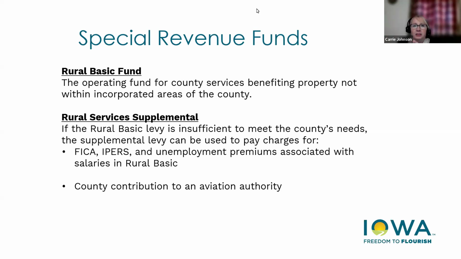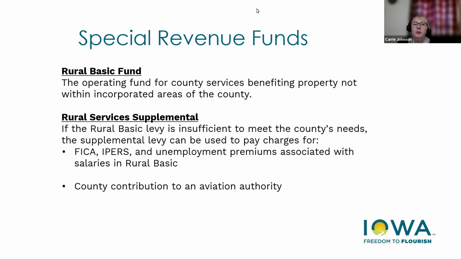So you have a rural basic fund and you have a rural supplemental fund. Your rural services supplemental fund, your county may or may not be using that in any given year, but it's essentially restricted in use to specific purposes.